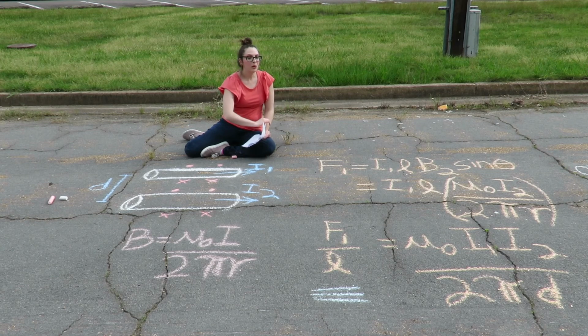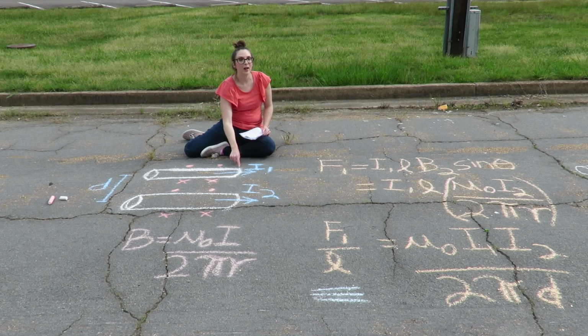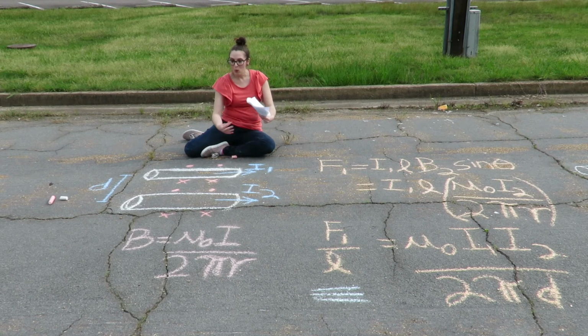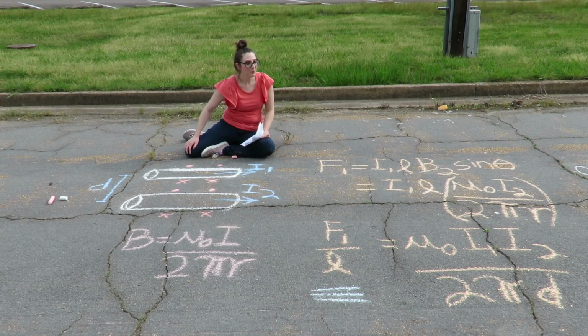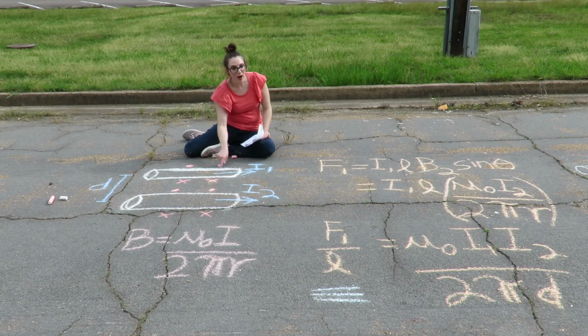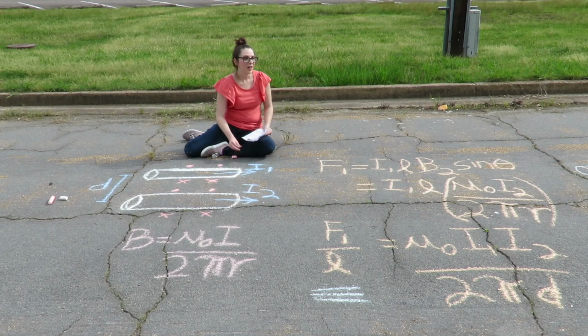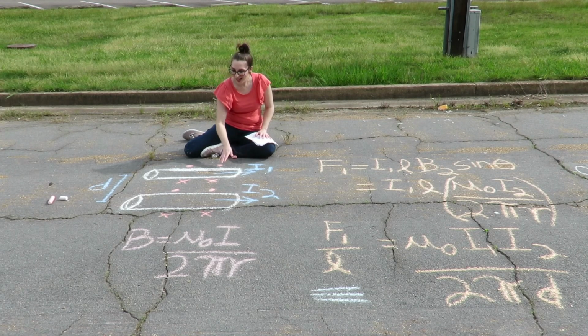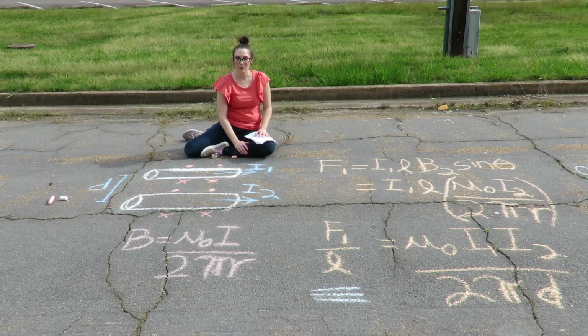And so when we move down to the next equation, sometimes instead of looking for the force on the wire, we'll talk about the force per unit length, just in case these wires are infinitely long, let's say. And so the force per unit length on this top wire here due to the magnetic field coming from the second wire is going to be equal to mu 0 times I1 times I2 divided by 2 pi times the distance between them, okay?